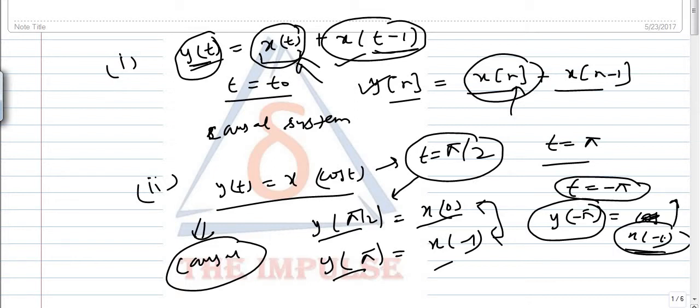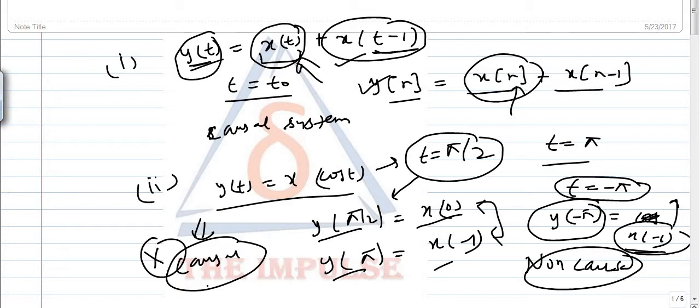This minus 1 is the future value with respect to this present time. So my system is actually non-causal. If someone is telling about the system causality with respect to only positive time, then the system is causal, but this is wrong, because we have to check for all time, and the system is non-causal.